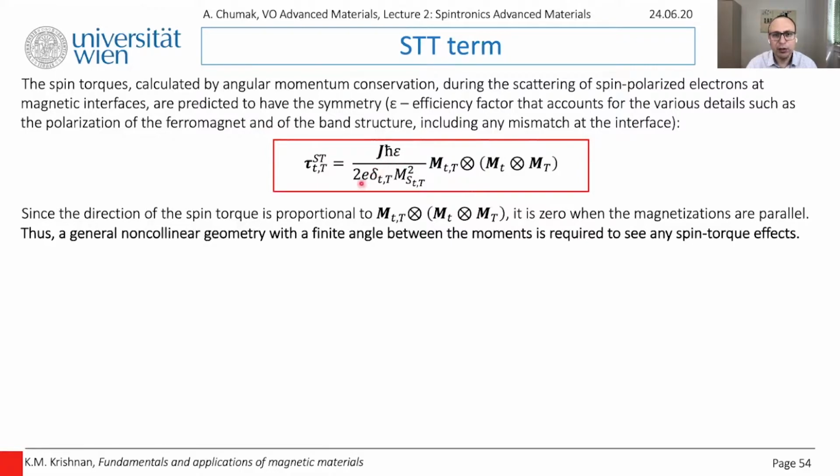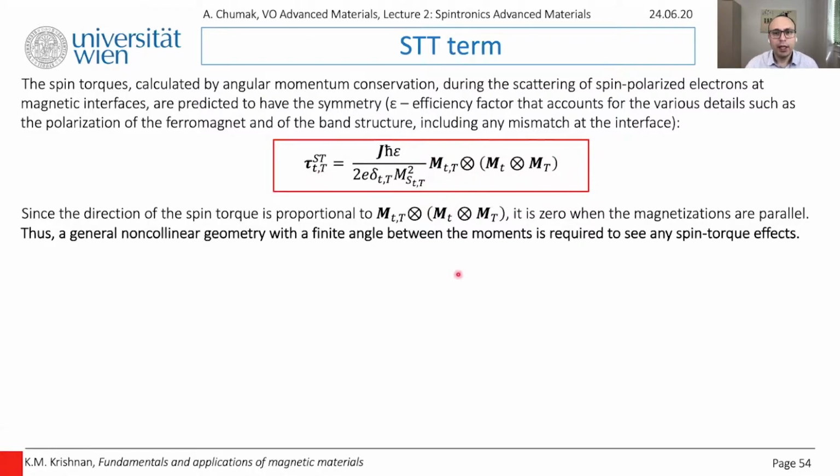This is Planck constant, this is charge of electron, and the most important part is this one. So you see that you have two cross products. Here's the cross product between thin and thick layer, and here again you have one m depending which torque you need, for thin or for thick layer.